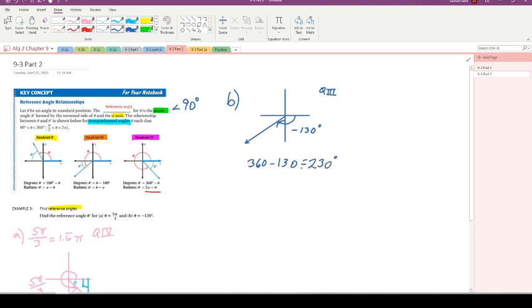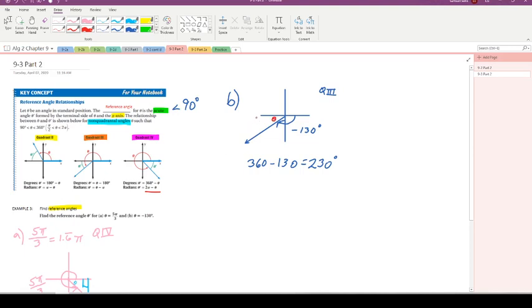All right, so in order to find the angle that I need, the reference angle, let's mark it here, which would be this angle, theta.